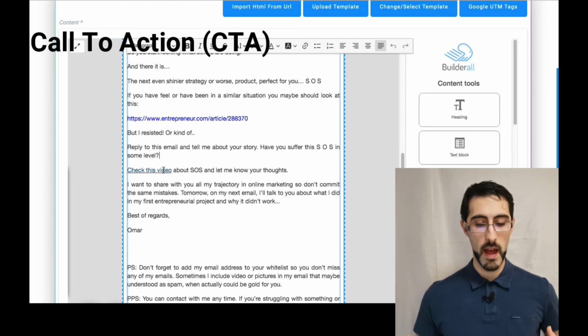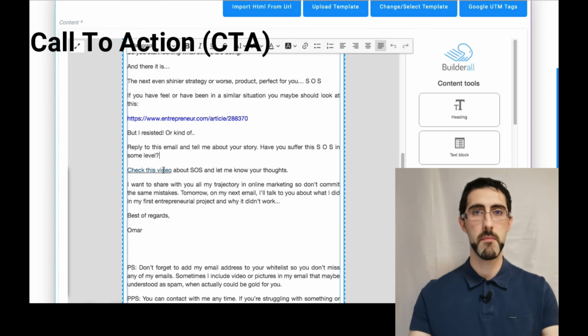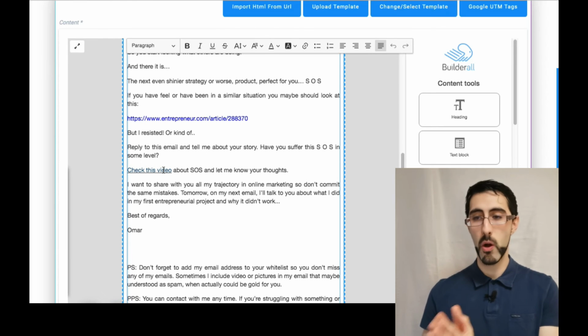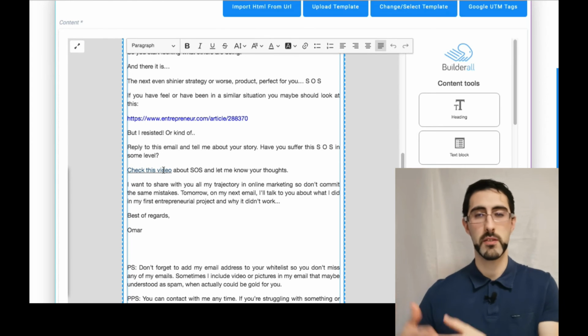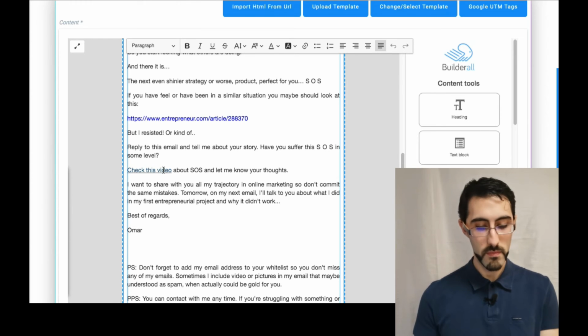So after sharing my experience, I give them the tool to avoid falling into the same thing, okay. I call them to take an action, which is actually to avoid buying something that they don't need to use.